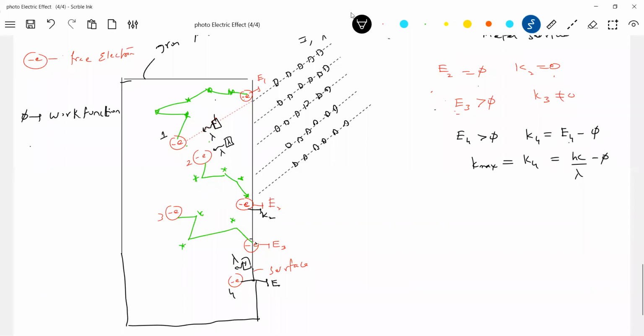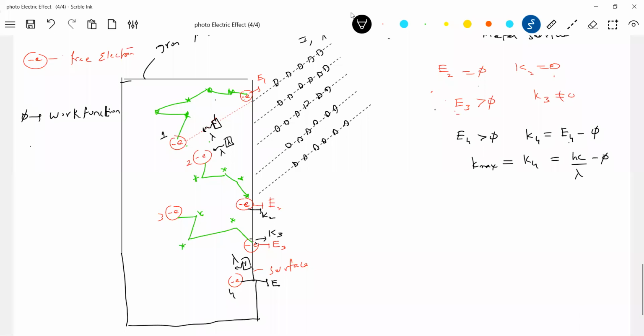The next, third electron will interact with the photon. Then it will acquire energy. It will encounter collisions. By the time it arrives at the free surface, its energy will be greater than work function. So it will come out with a kinetic energy, say K3. It will have energy E3, which is greater than work function, so it will come out. A part of E3 is utilized to overcome the work function.